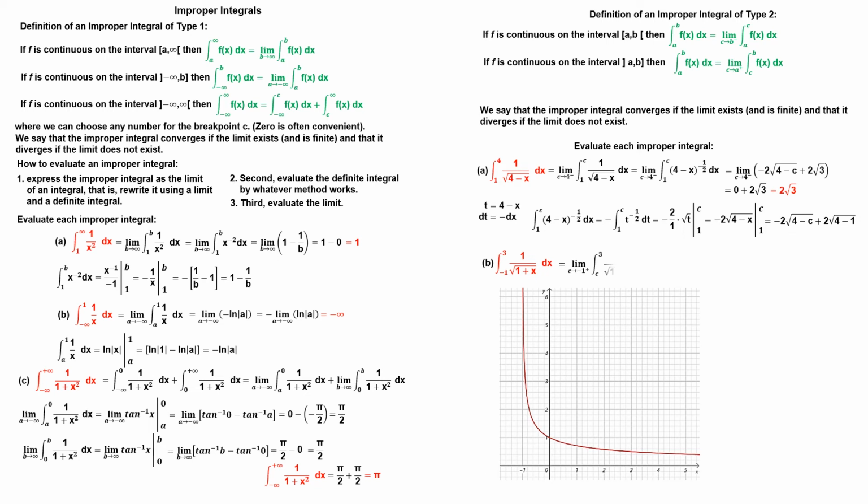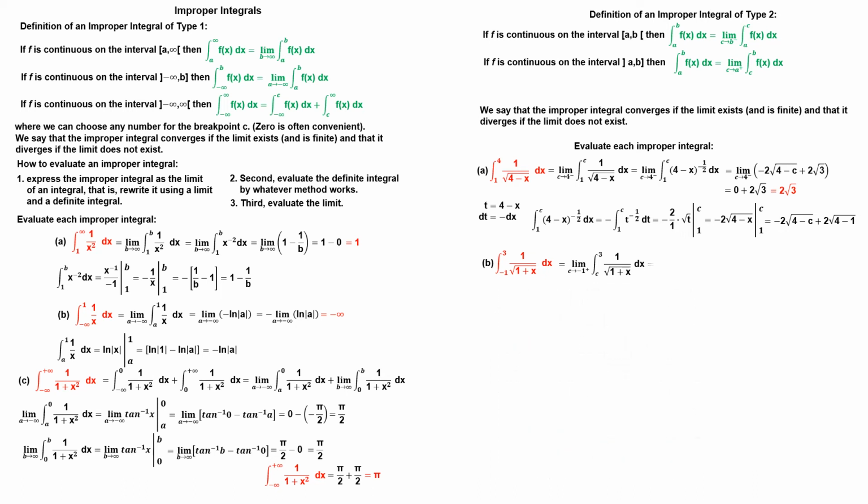The presence of this discontinuity at the lower limit of integration forces you to evaluate this one as an improper integral. The problem point is the lower limit, so we are in the second case above. From this point, we follow the three-step process. Pay attention.